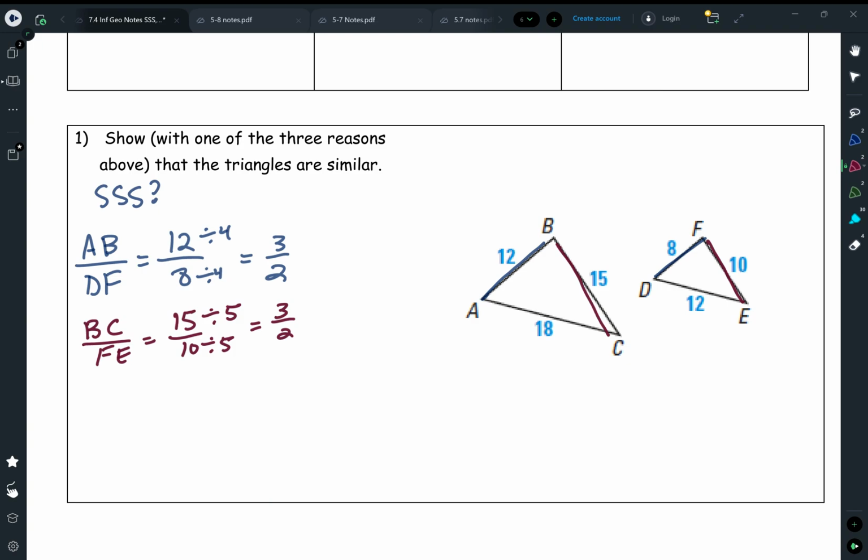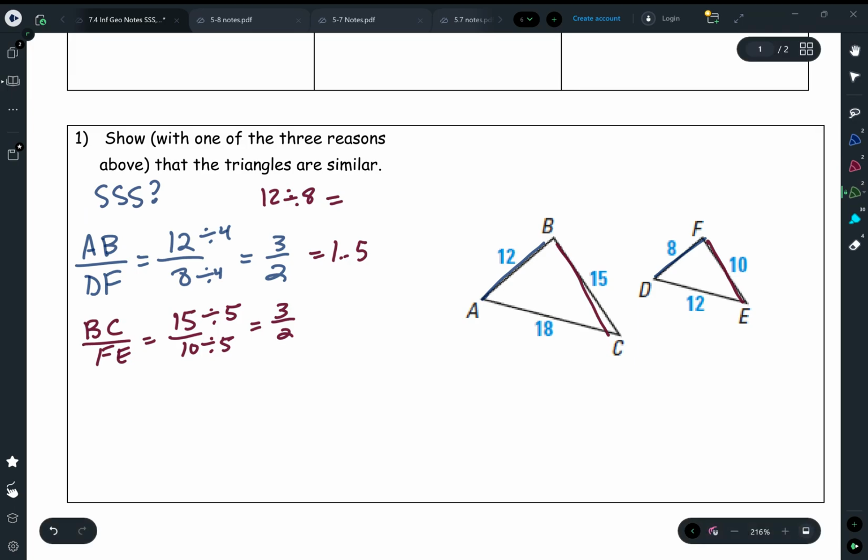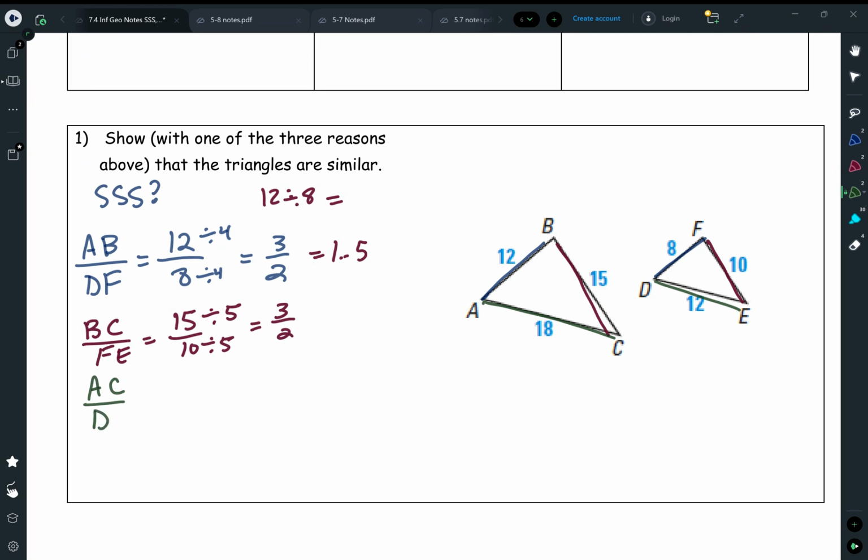Remember, the other way I could do this is just to take 12 and divide by 8 on the calculator and get 1.5. So if you were really worried about fractions, you could just do decimals instead. My last one is AC to DE, and that's 18/12. Divide them both by 6, and I have 3/2. So all three of my sides have the same ratio.